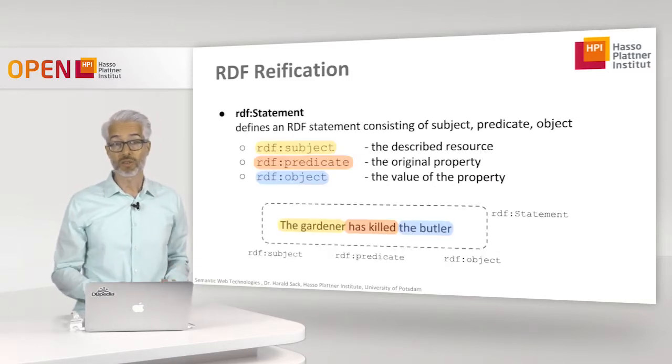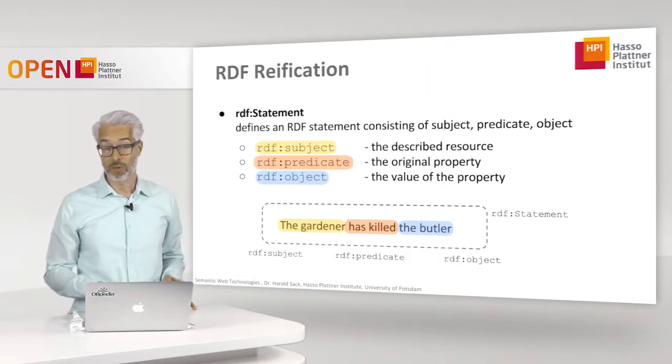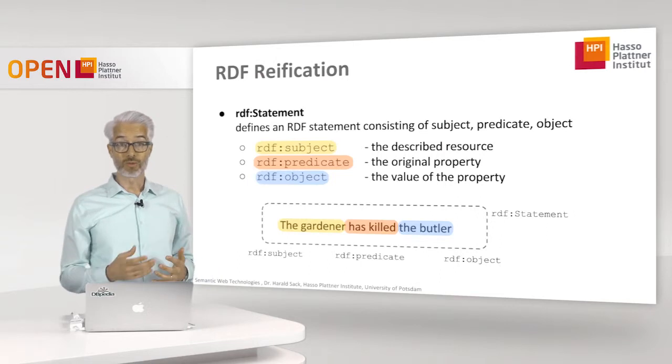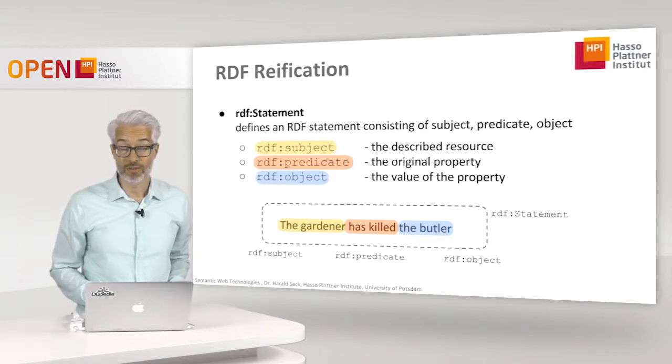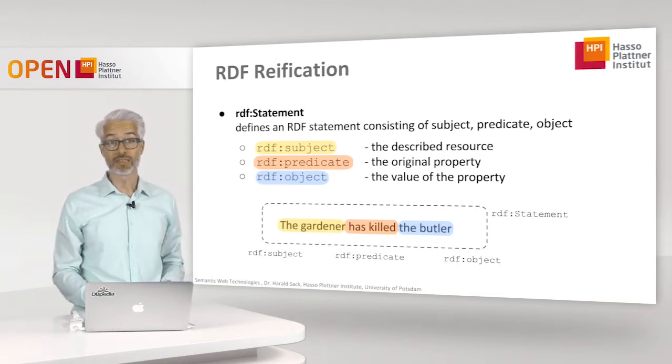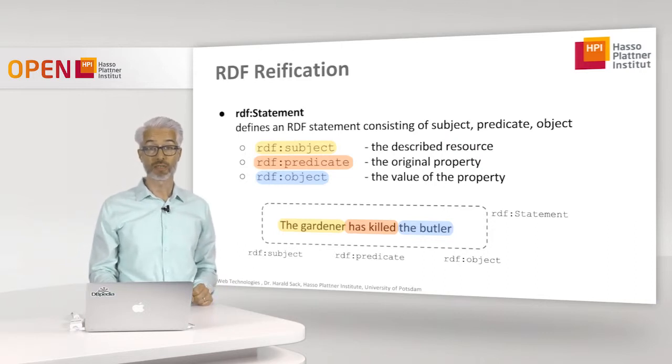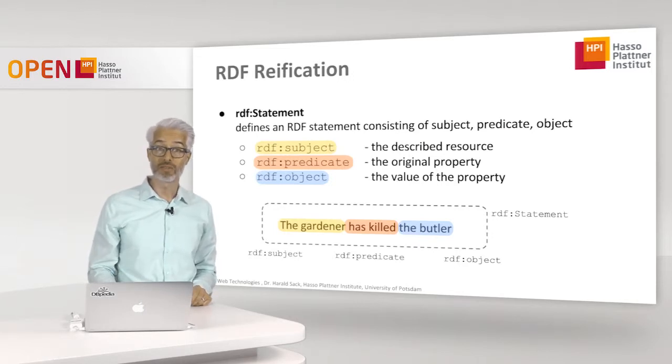So the construct works in the following way. We can, for example, say that we define a so-called RDF statement. So this is a new vocabulary word. And this RDF statement defines a statement consisting usually of these three parts, as a triple usually does: a subject, a property, and an object. But beware, because property here is not referred to as property, but as predicate.